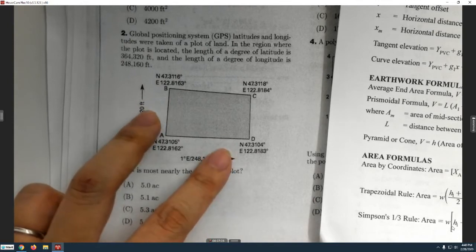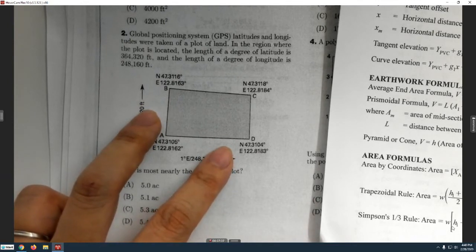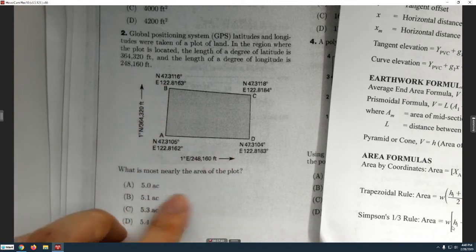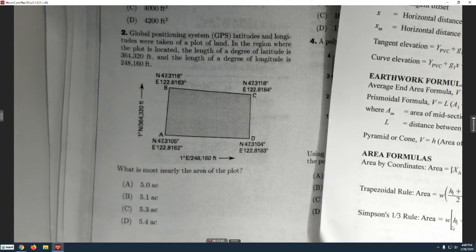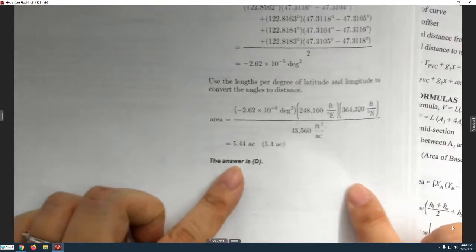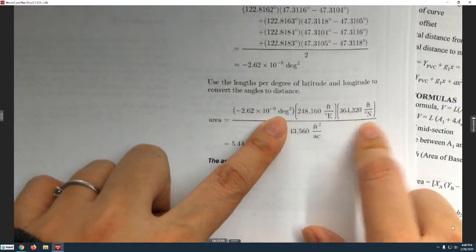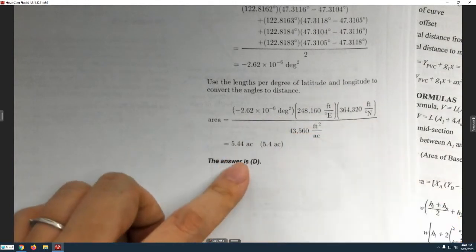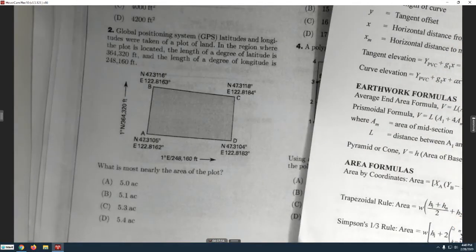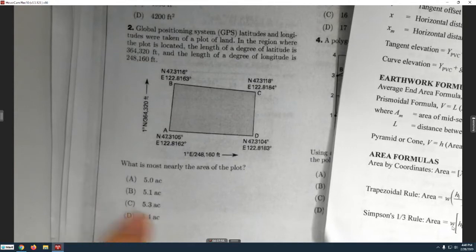But this one asks for acre, and the conversion factor between square feet and acre is 43560. The solution probably is more straightforward. So you do the calculation and then do the unit conversion. Final is 5.44. So the answer is D in this case.